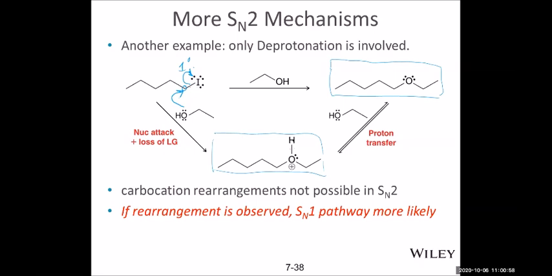This is easy to deal with because we just need some base to take away the proton. Look at the reaction condition. What kind of base can take away the proton? By the way, there is iodide in the solution as well, in the system, and there's the alcohol as a solvent.